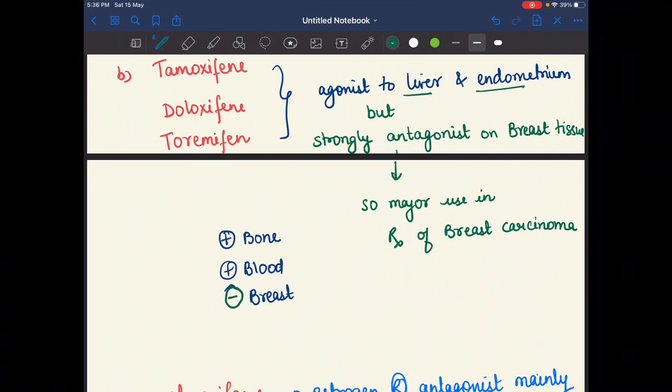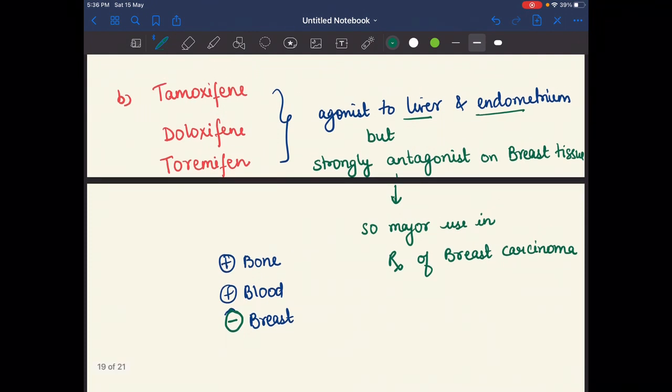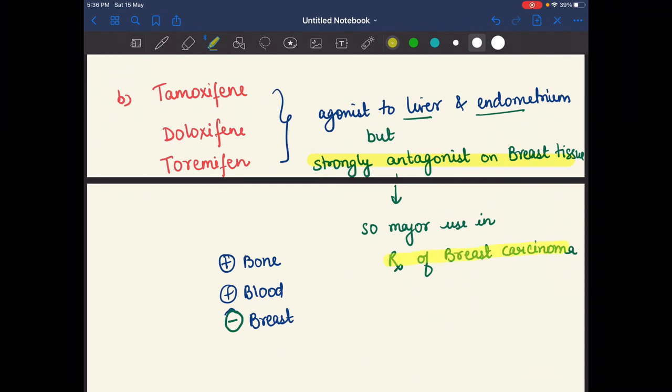In most situations, tamoxifen is given to patients at risk of breast cancer, because they are strongly antagonist on breast tissue. So the major use is in treatment of breast carcinoma.